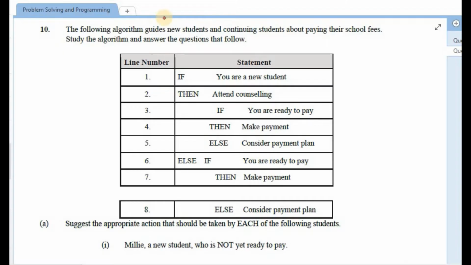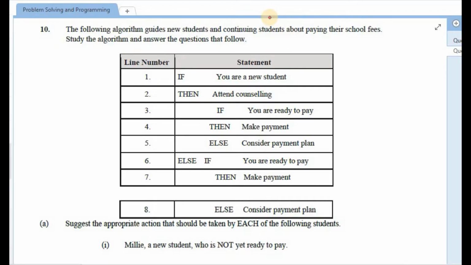The first line provides the students the option to select whether or not they are a new student, and if they are a new student, then that new student would have to attend counseling. Also, if they are ready to pay, then they would proceed to make payment. However, if they are not ready to make payment, then they are expected to consider a payment plan.